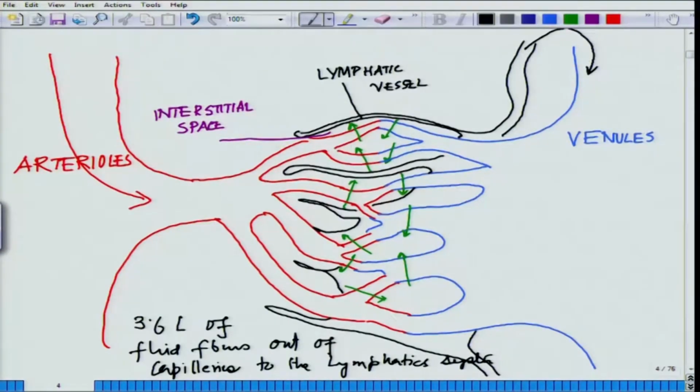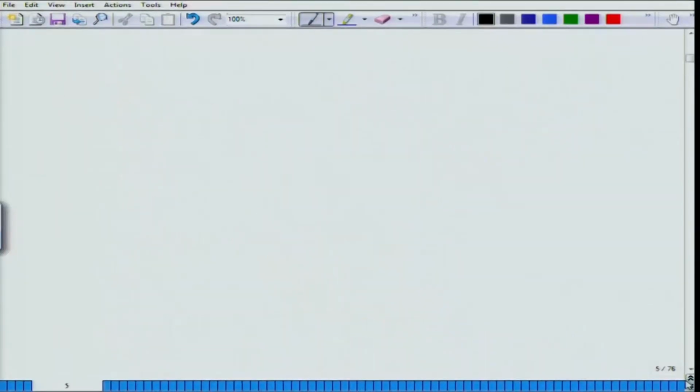Okay? So, it is very, very important to understand that there is a continuous interplay of the lymphatic system and the capillary system.